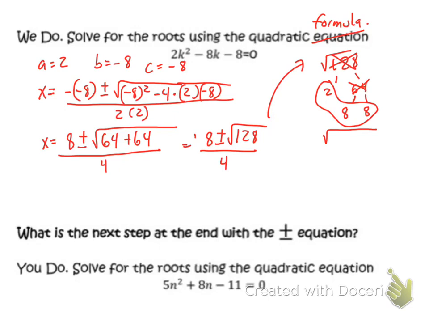So the square root of 2 times 8 times 8 becomes 8 on the outside, 2 on the inside. There's your pair. This one dies. This one goes outside. Okay, so the square root of 128 is equal to 8 radical 2, so we have 8 plus and minus 8 radical 2 over 4.